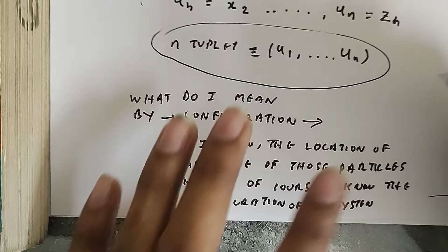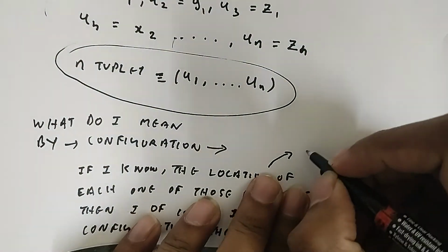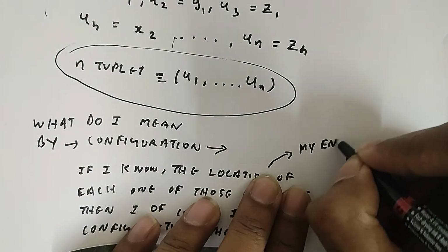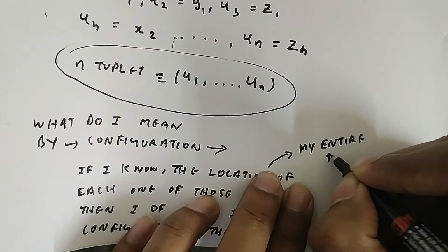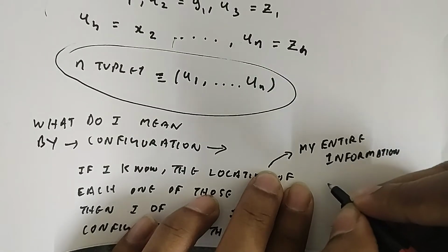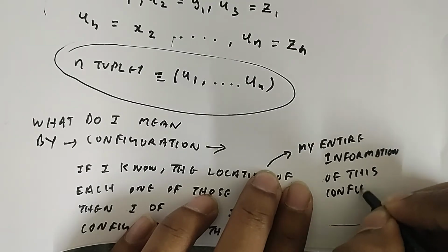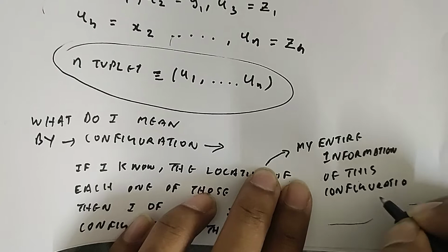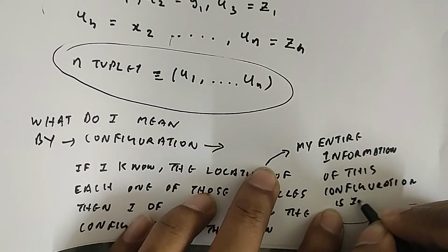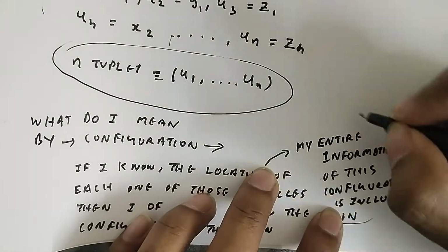So my entire information of this configuration is included in the n-tuple.